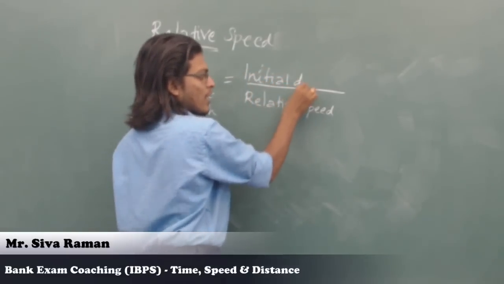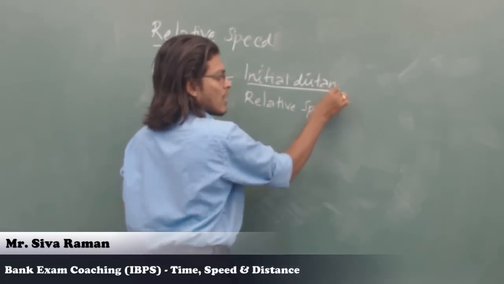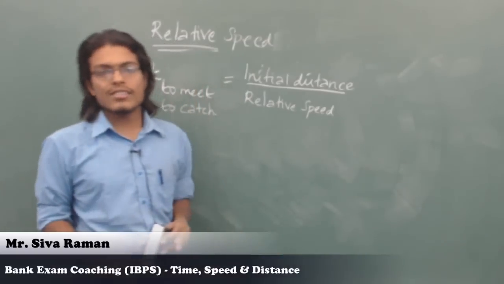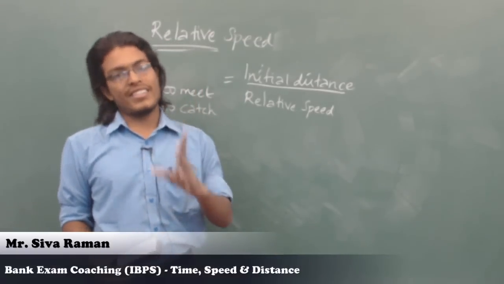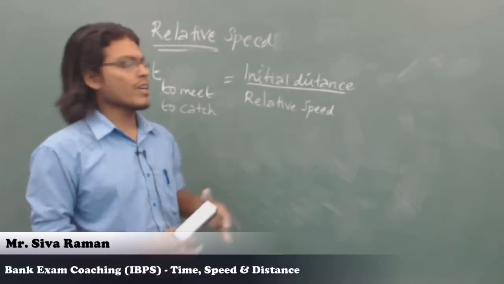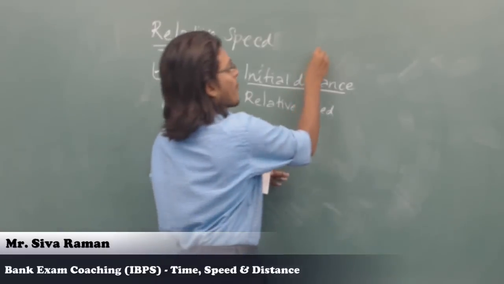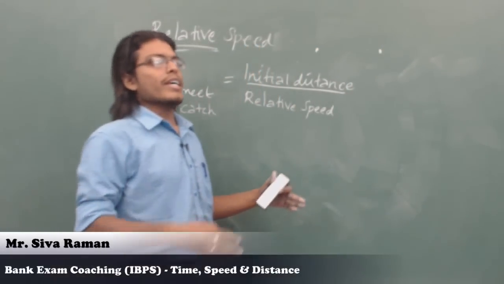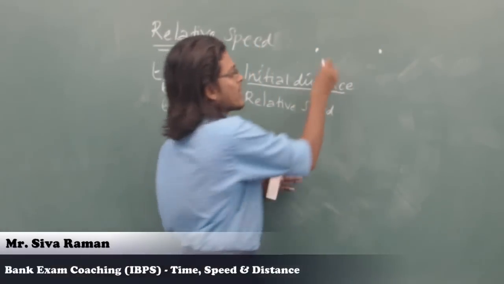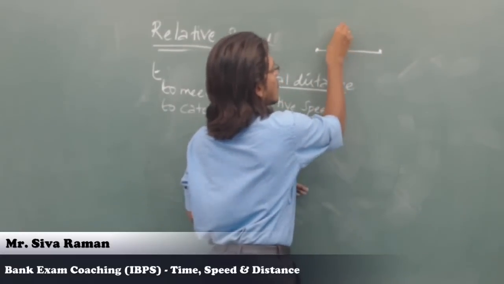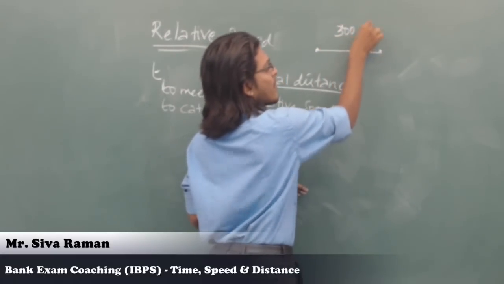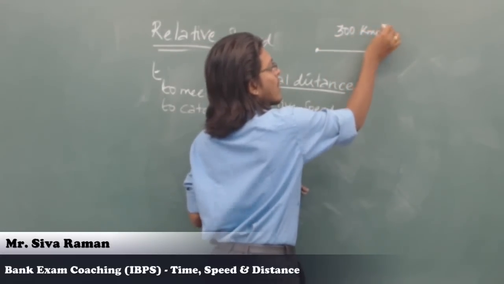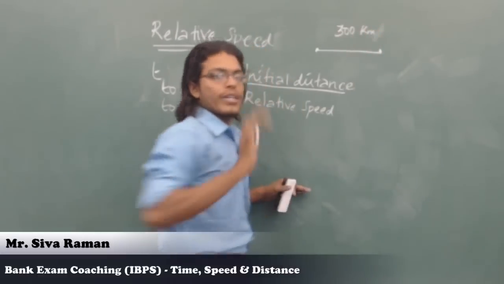Initial distance. What is initial distance? That is very, very important. Say two places, they are 300 kilometers apart. So the distance is 300 kilometers.